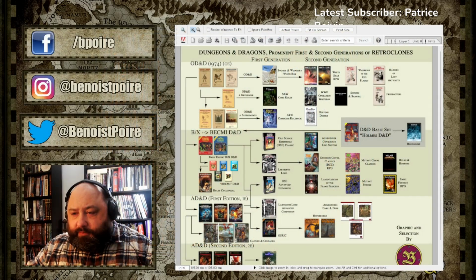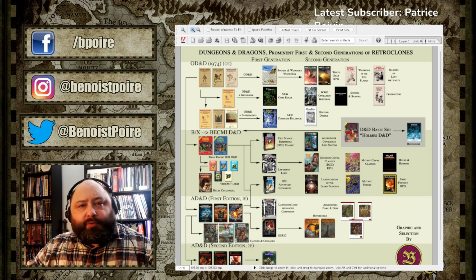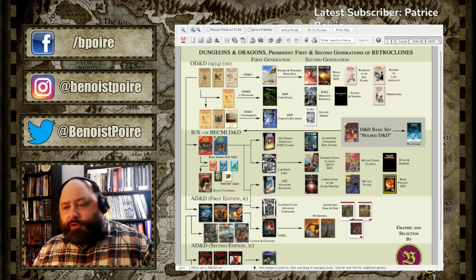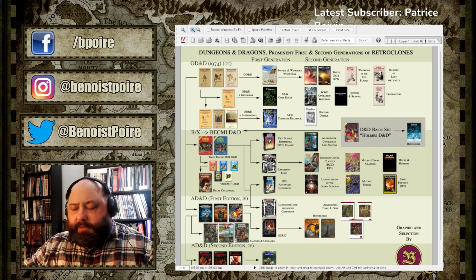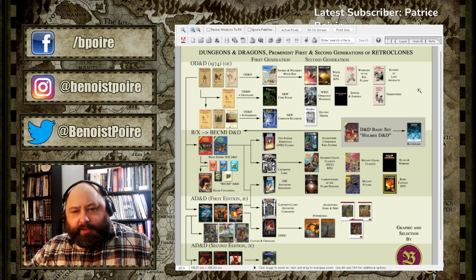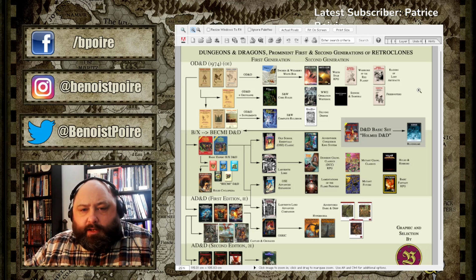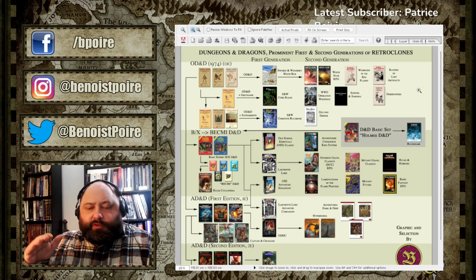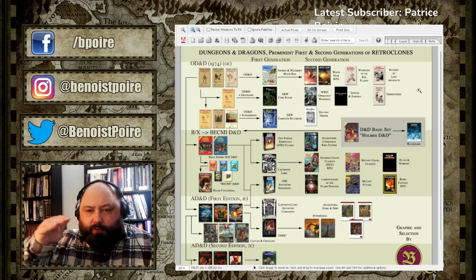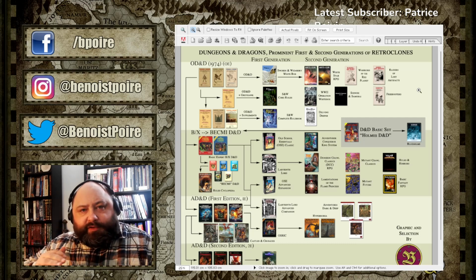So without further ado, I will jump into the description, and you should be able now to see the chart in question, right? The first thing I want to point out here is that each row represents a specific edition of the TSR game.